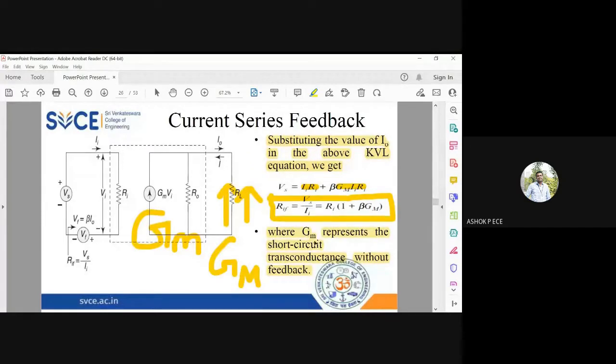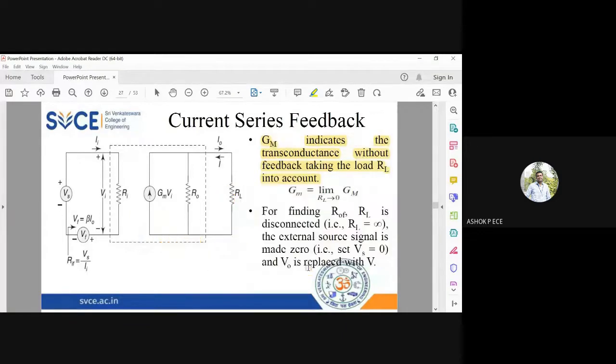So that is what is very clearly given here. You see small gm represents short circuit transconductance without the feedback, without the load. So it is plainly only because of the amplifier. Capital GM is the transconductance when you consider RL and feedback. So capital GM is for the load. And in capital GM, if you put RL equal to 0, you will be getting small gm.